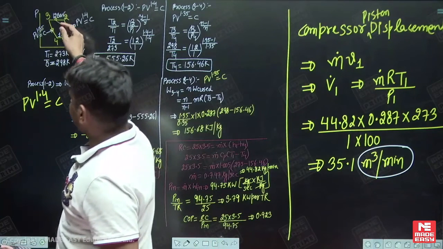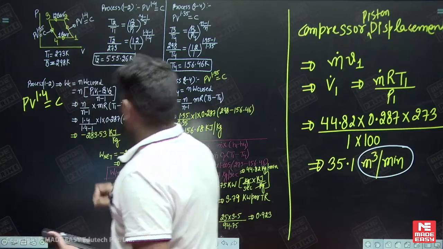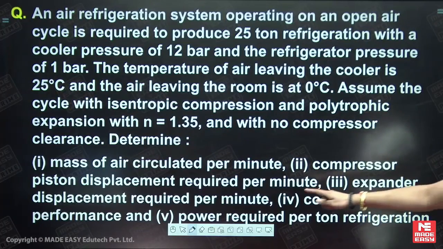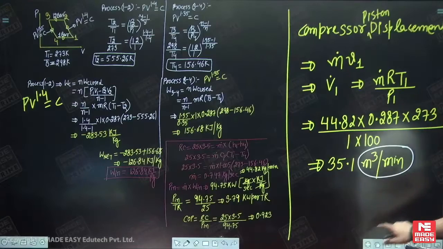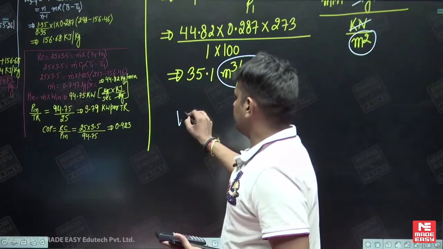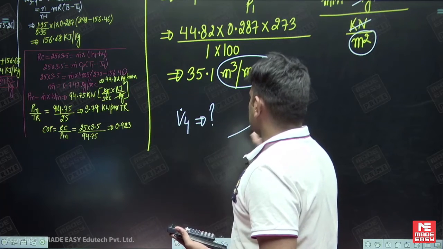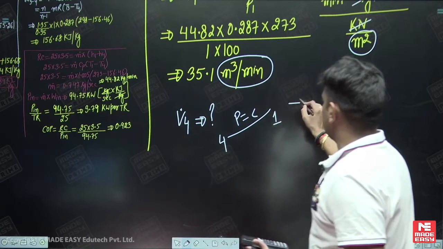Expander means V4. Now the expander displacement required per minute: for this we have to find V dot 4, the volume flow rate at point number 4. You can find it using MRT also, but there is one shortcut: 4 to 1 is at constant pressure.